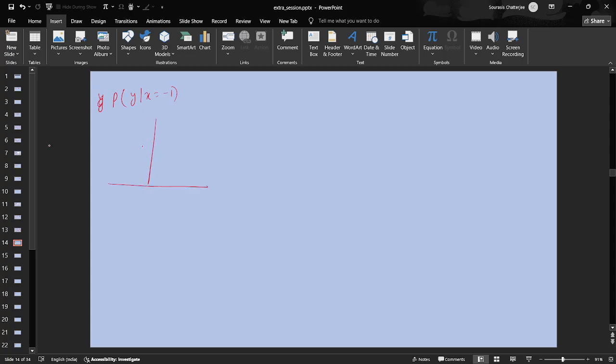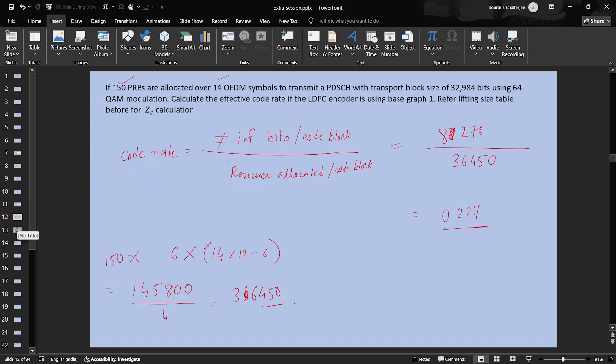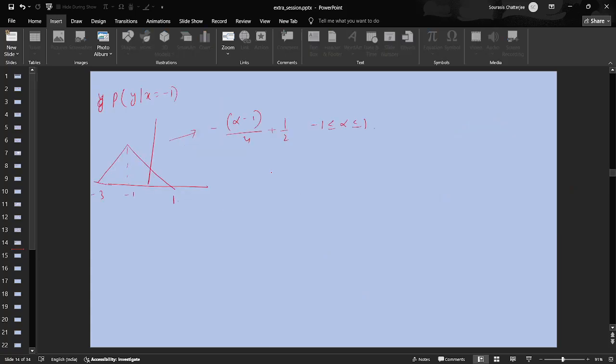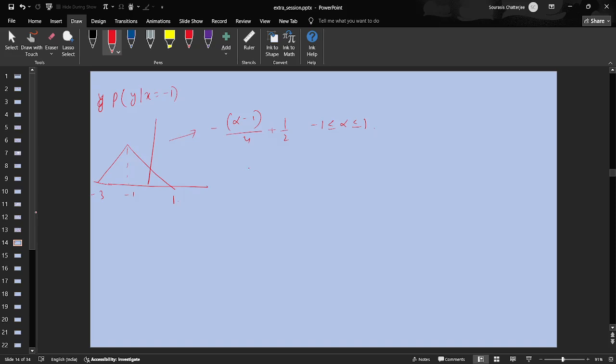Its PDF has the mean shifted to -1, spanning from -3 to 1. The expression for this is minus (alpha minus 1) divided by 4 plus 1 over 2 for alpha varying between -1 and 1, and (alpha minus 1) by 4 minus 1 over 2 for -3 to -1.